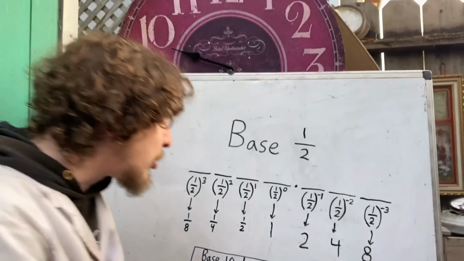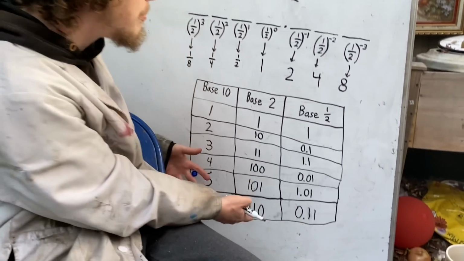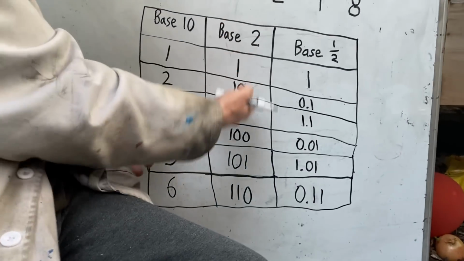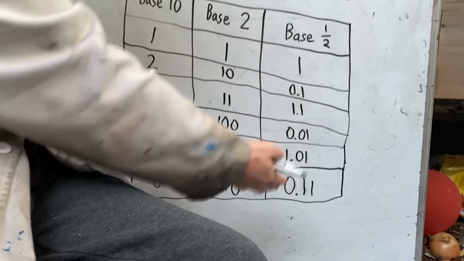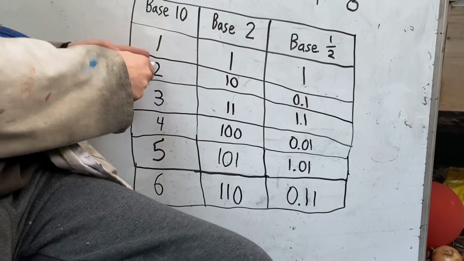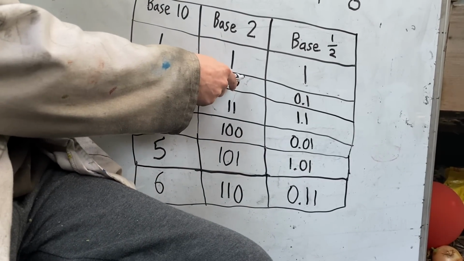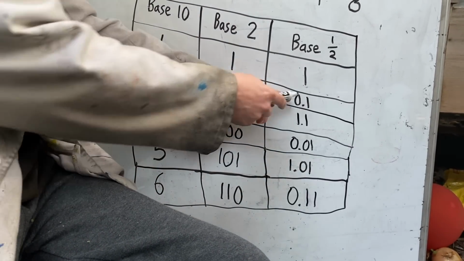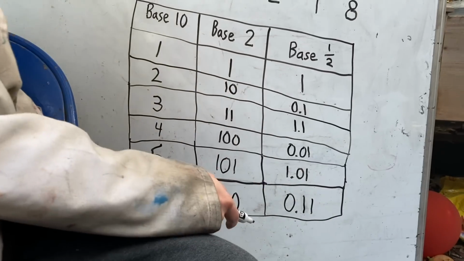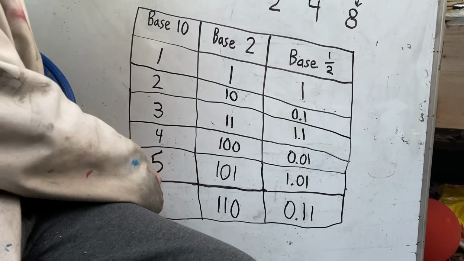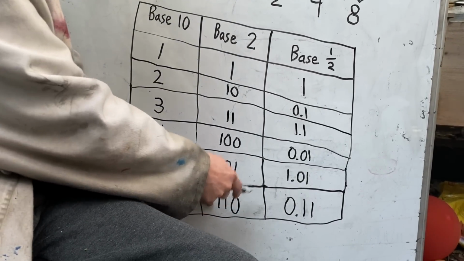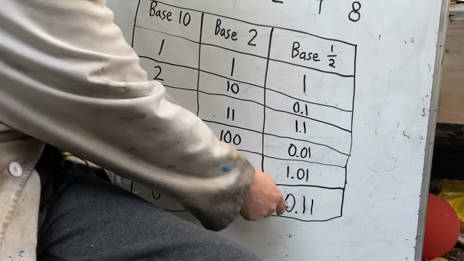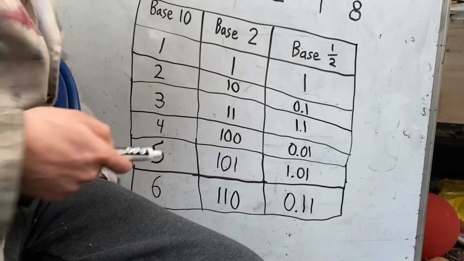So let's look at a little chart of how our base 10 numbers would be written in base 2, binary, and base 1/2. A number like 2 is written 1-0 in binary, or 0.1 in base 1/2. A number like 6 is written 110 in base 2, or 0.11 in base 1/2.